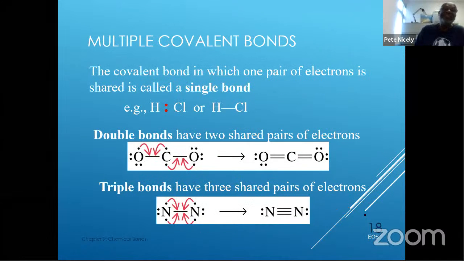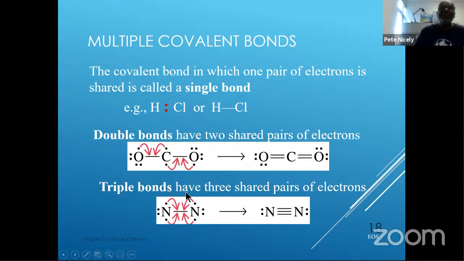Now, another thing I need to mention is the fact that you can have a situation where you have more than a pair of electrons being shared between two atoms, right? And this brings into focus certain terms, namely double bonds and triple bonds, right? Now, going back to the hydrogen chloride example, we have one pair of electrons being shared between the hydrogen and chlorine, so we call that a single bond.